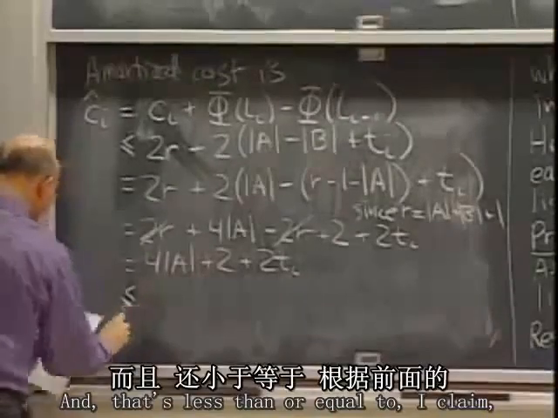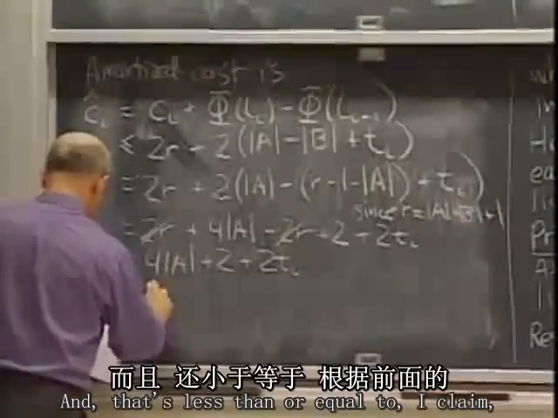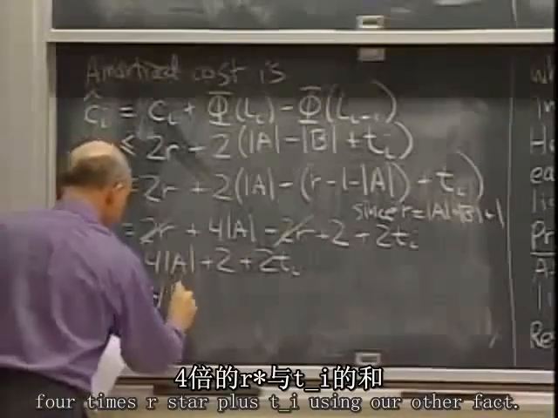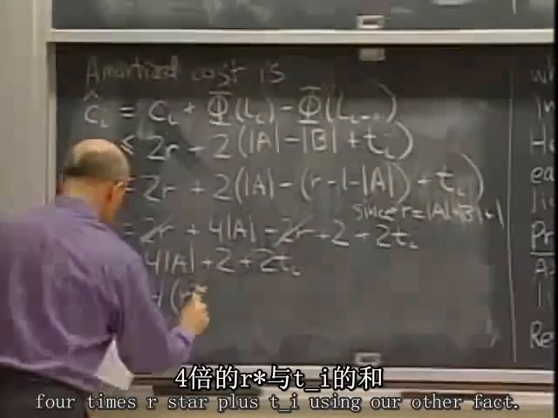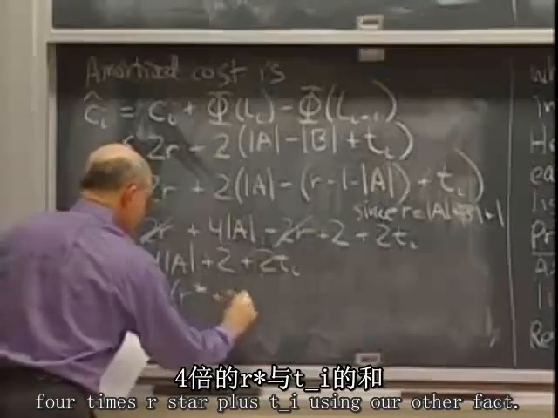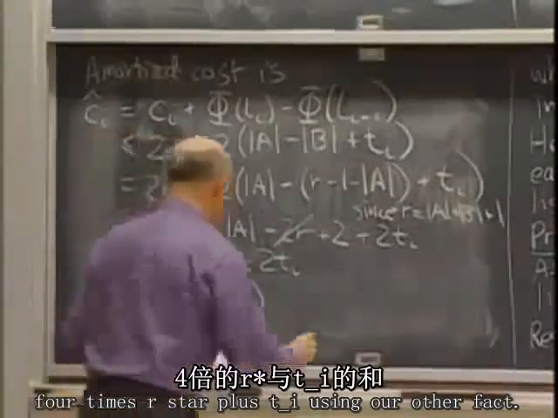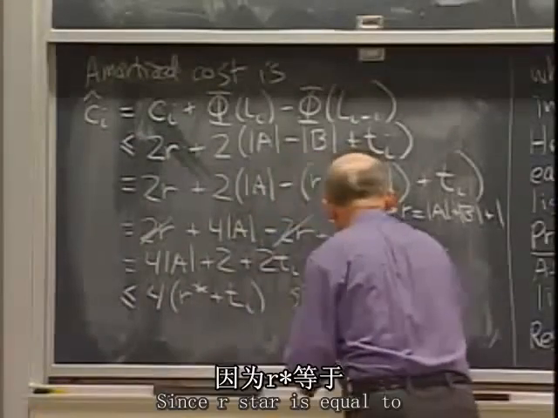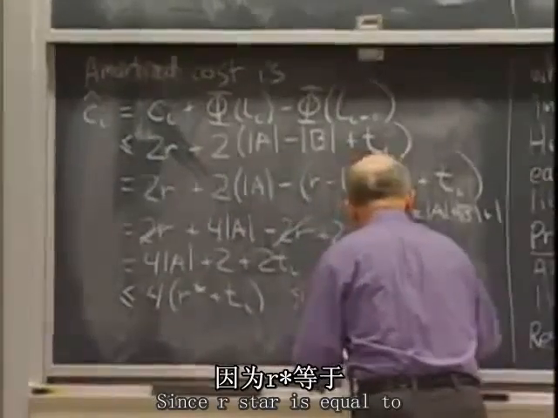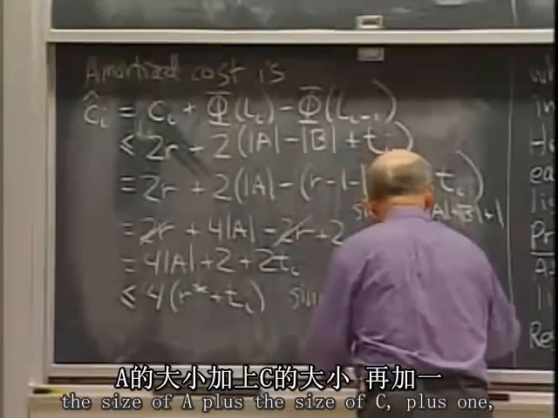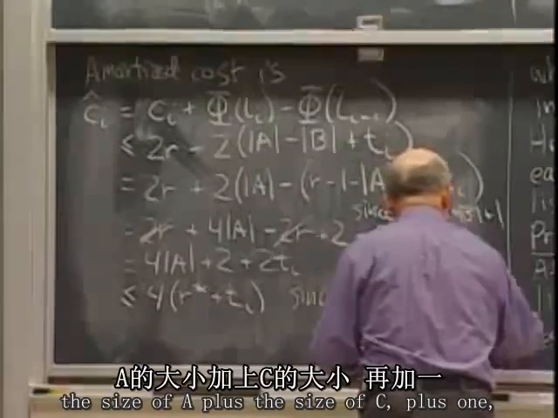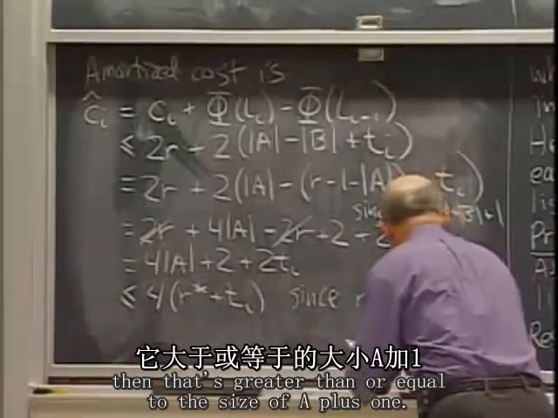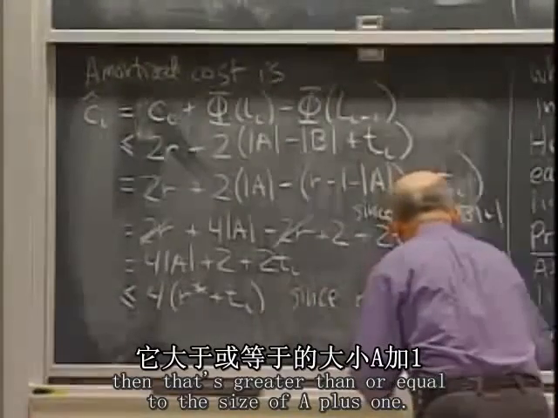And that's less than or equal to, I claim, 4 times r star plus t sub i, using our other fact, since r star is equal to the size of A plus the size of C plus 1, and that's greater than or equal to the size of A plus 1.